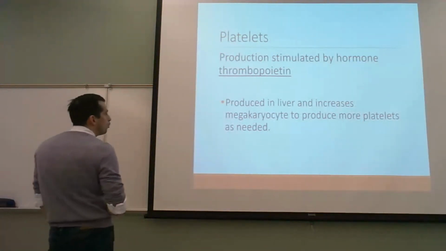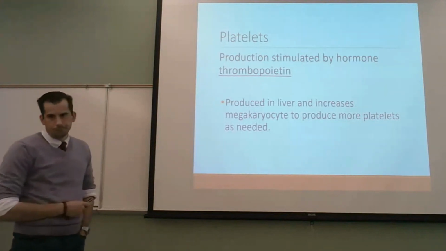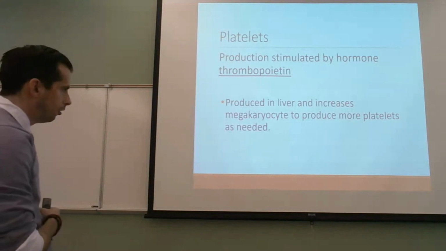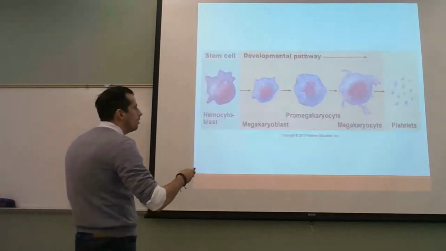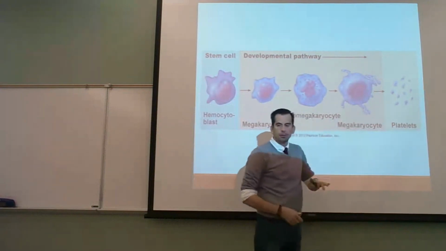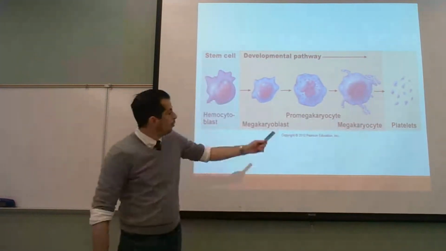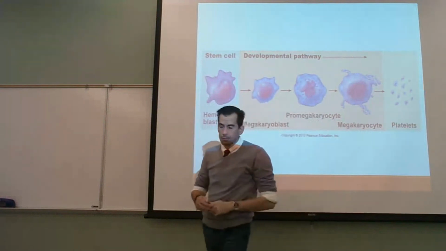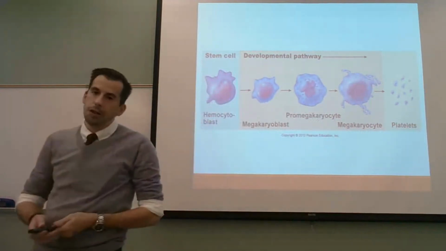This thrombopoietin is going to be produced in the liver, and it's going to increase activity of these megakaryocytes. Remember, the platelets are not cells. The megakaryocytes chip off these fragments. So thrombopoietin increases activity in the bone marrow of these megakaryocytes to increase their platelet production.